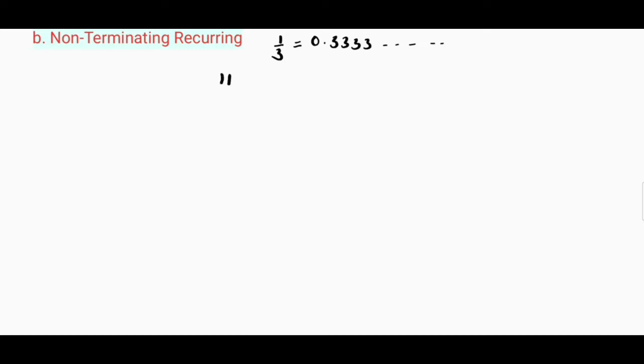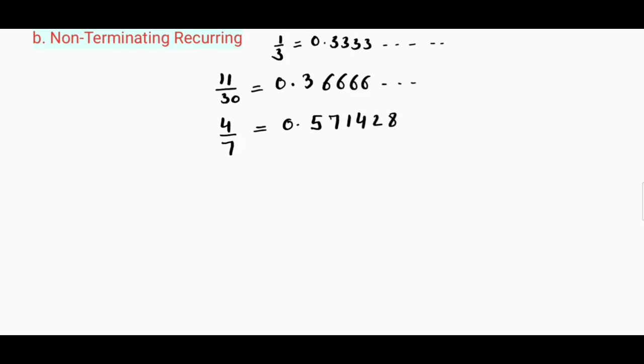If I divide 11 by 30, my answer will be like 0.3666, and it will go on. And let me take one more example, 4 divided by 7. So here my answer will be like 0.571428, then again 571428, and it will go on.